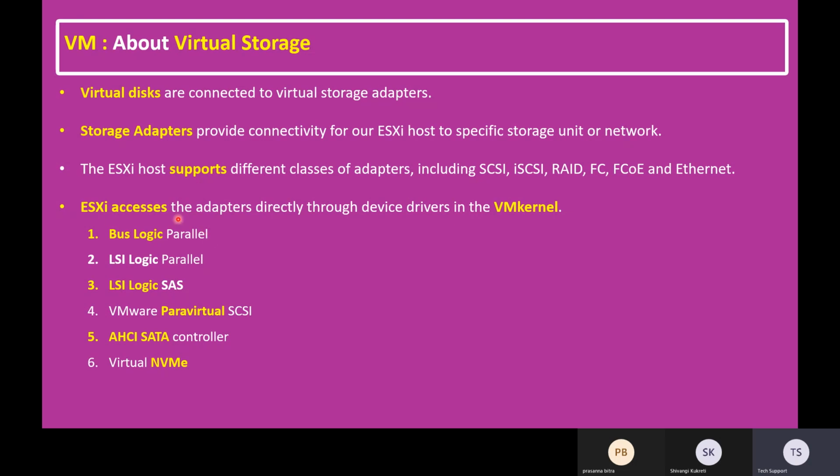ESXi accesses the adapters directly through the device driver. These are all driver names, or sometimes we call them protocol names. BusLogic is the old version, normally used for an old model of hard disk. After BusLogic, the latest version is LSI Logic, and after LSI Logic Parallel, the latest version is SAS.